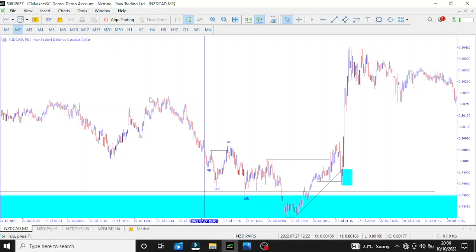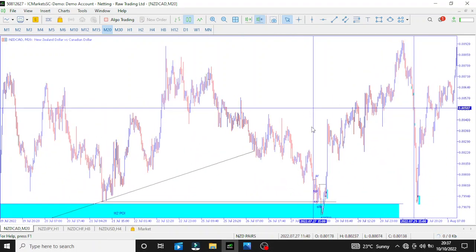And you see, New York session opened here and went on to create this lower high and this lower low, and went on to manipulate this liquidity above.